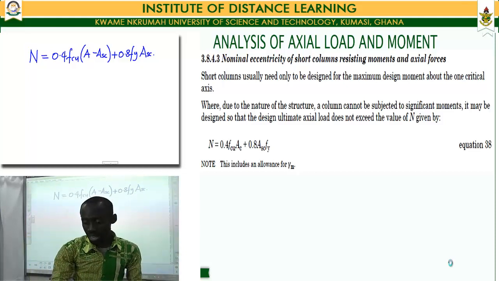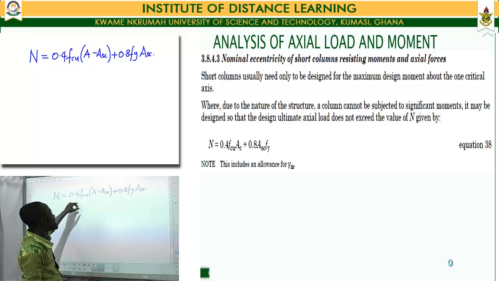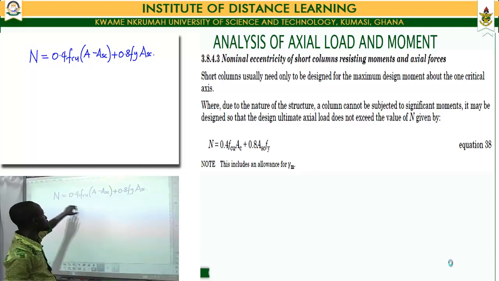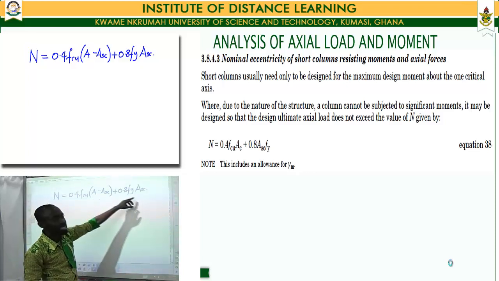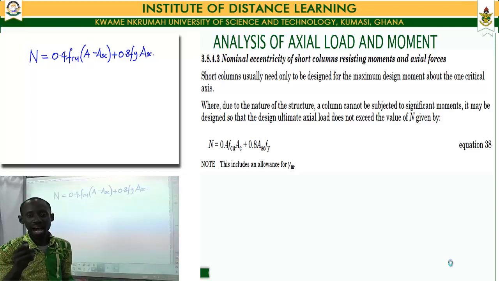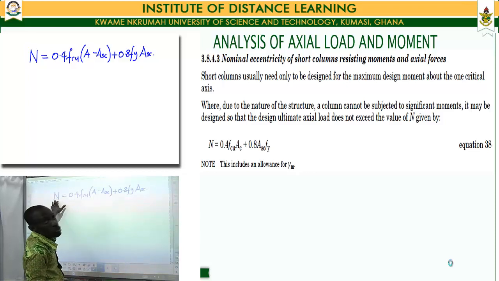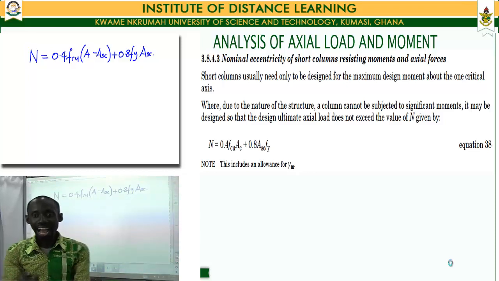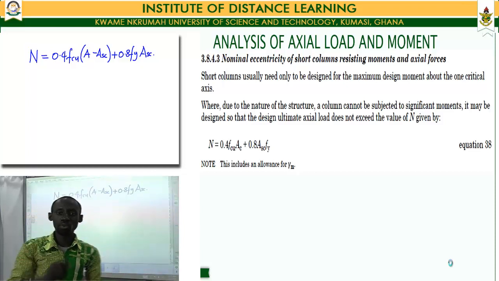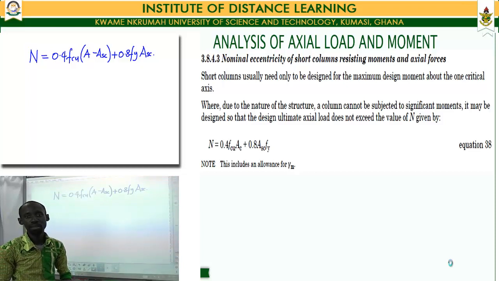Now, if we're able to rewrite our axial load capacity equation in this form, then we can solve this equation and make our ASC the subject, in which case we can use that equation to determine the amount of reinforcement required to resist the axial load that our column is supposed to carry, assuming we equate our N, which is our axial load capacity, to the amount of load that the column is supposed to carry.